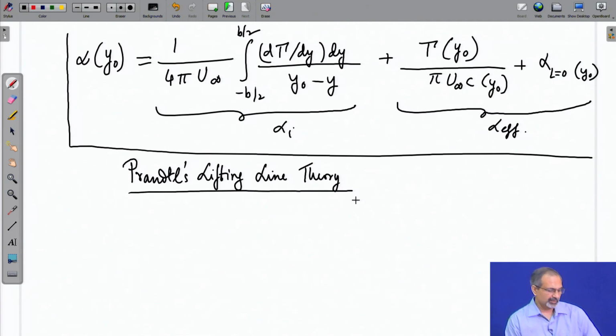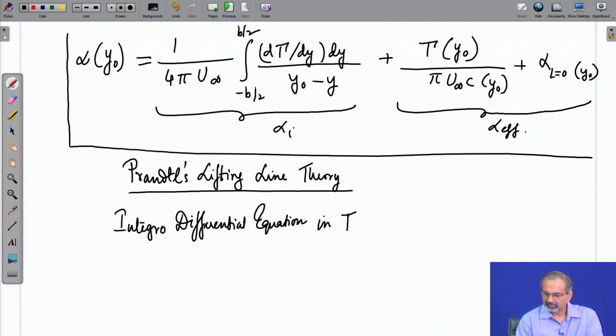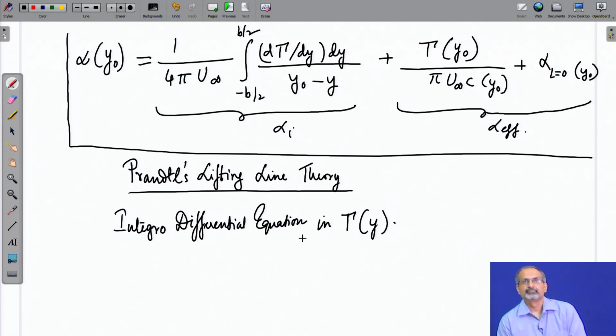Basically, it just says that the geometric angle of attack is a summation of the induced angle of attack and the effective angle of attack, but by assuming a continuous distribution of gamma along the lifting line, it has been represented in the form of a distribution of gamma, and it is actually an integro-differential equation in gamma y. Because you have a derivative, again you have an integration.